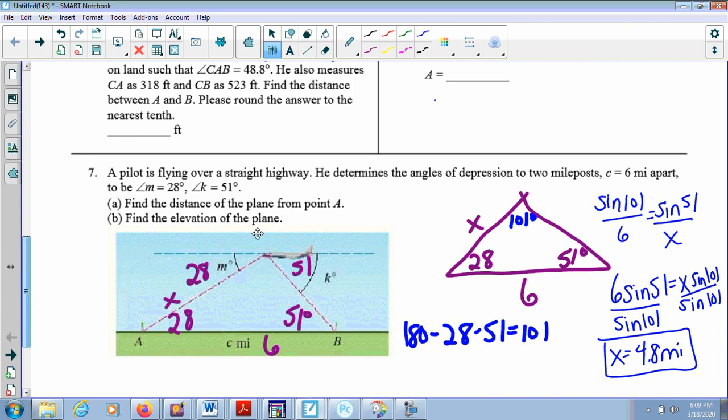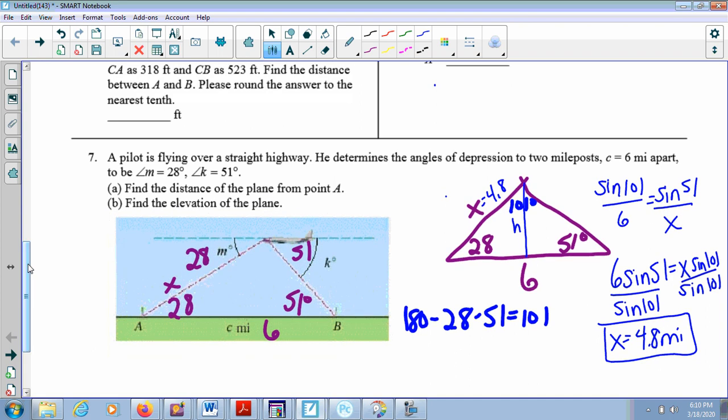If you want to know what the elevation of the plane is, I didn't ask you that on the test, but if you wanted to figure out what that was, now that we know that this is 4.8, the elevation of the plane is this height, so we're trying to find the height. You can just use the fact that this is the opposite side in this mini triangle here, and that is the hypotenuse. So opposite and hypotenuse, we'll use sine.